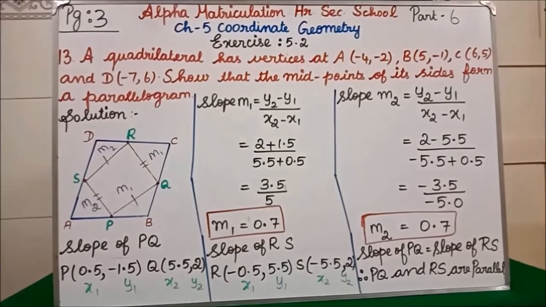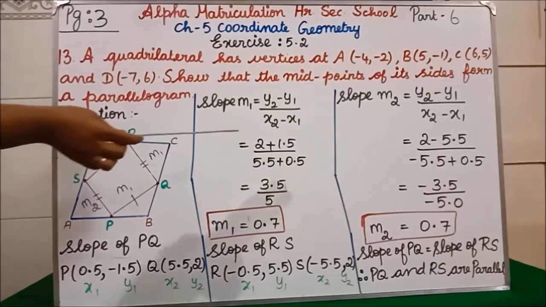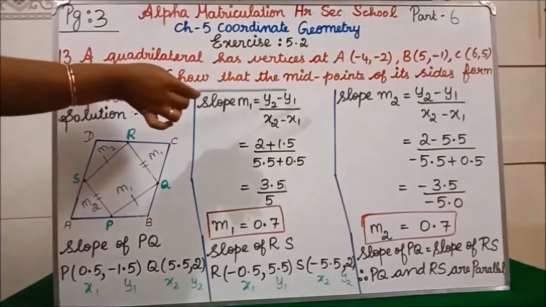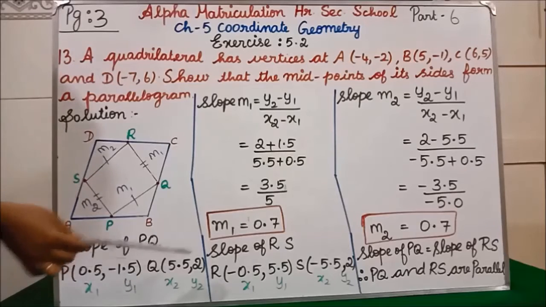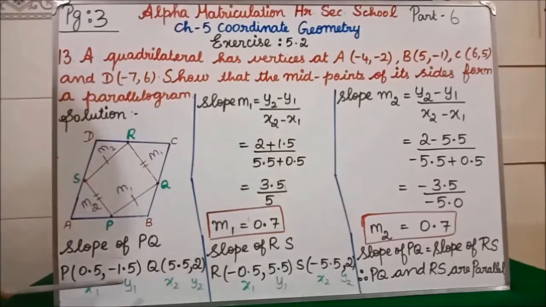See, I have written. Now if you see, y2 value is given as 2, y1 value is minus 1.5; in the formula there is a minus, so it becomes plus 1.5, divided by x2 value 5.5, in the formula minus x1 value, here minus 0.5 will come. Okay, so it will become plus 0.5.